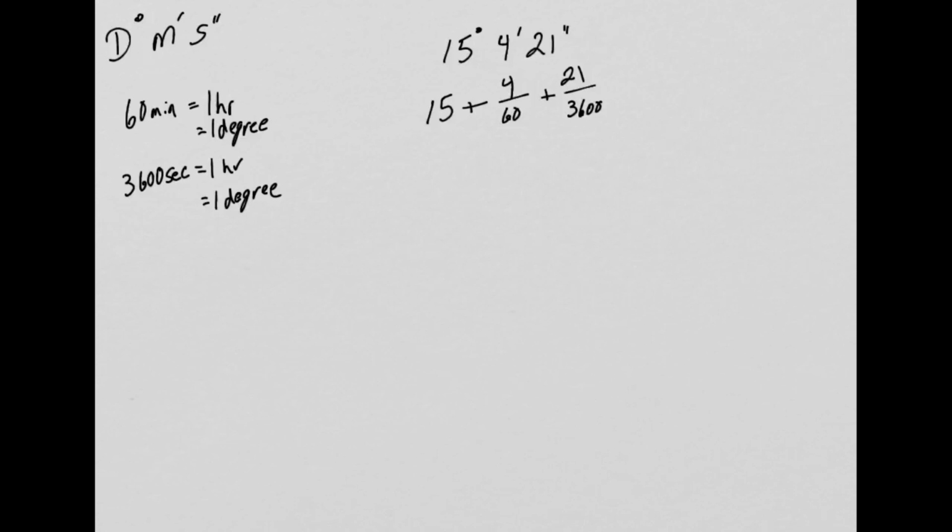When I put this into a calculator, so 15 plus 4 over 60 plus 21 divided by 3,600, it's approximately 15.0725. So 15.0725 degrees. And this would be the number you put in your calculator.